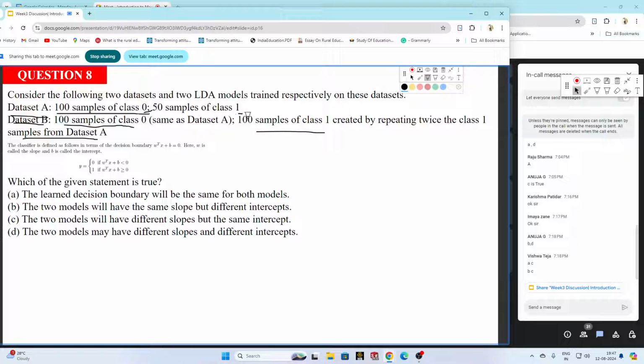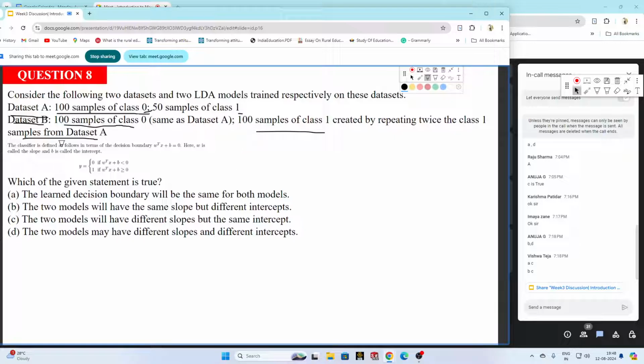Now for class 1, dataset A has 50 samples, but dataset B has 100 samples, created by repeating the 50 samples of class 1 twice. That means the mean for this class is also equal, but we cannot say the same about the number of data points: that is 150 here and 200 there.